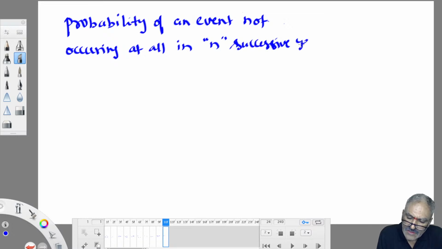That means what? The probability of occurring 0 times in n years. Here r is equal to 0. Not occurring means occurring 0 times.